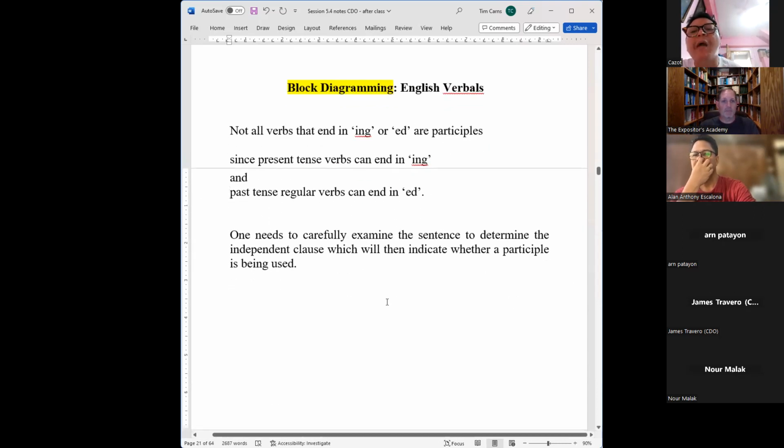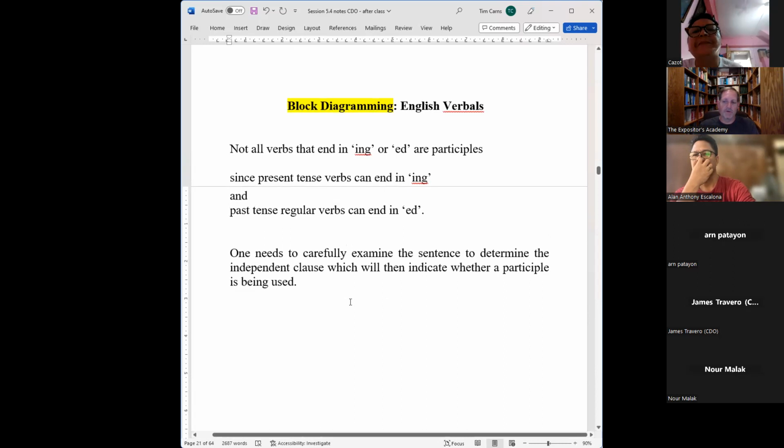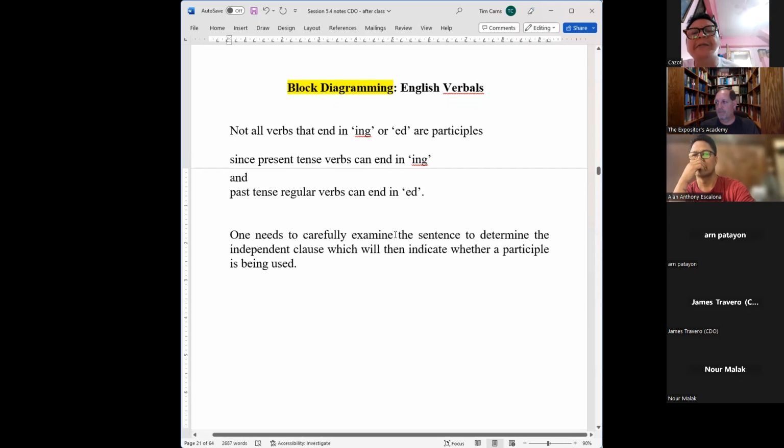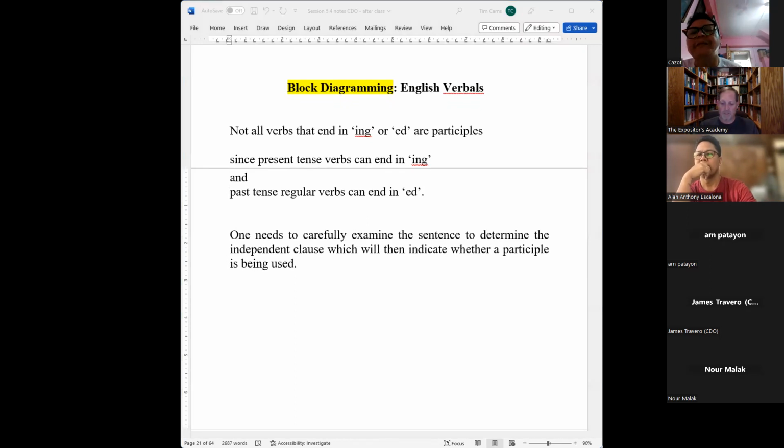Now, as I said, a participle is under the broader category of an English verbal. English verbals are a particular class of words that we have in English that can look like a verb, but they don't act like a verb.